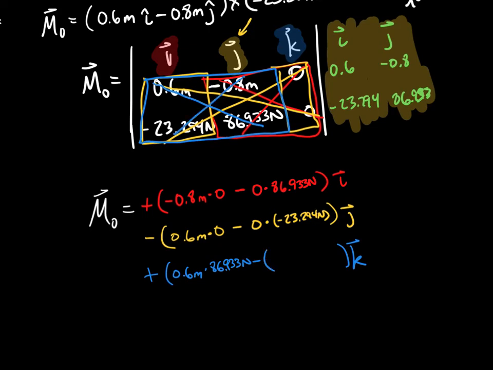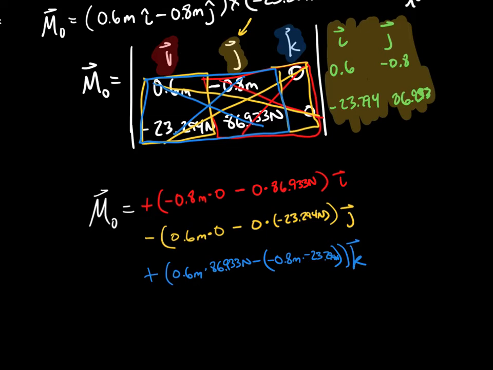I'm going to put another set of parentheses here, negative 0.8 meters times negative 23.294 newtons. It got a little small there. And so that is how we get the moment.